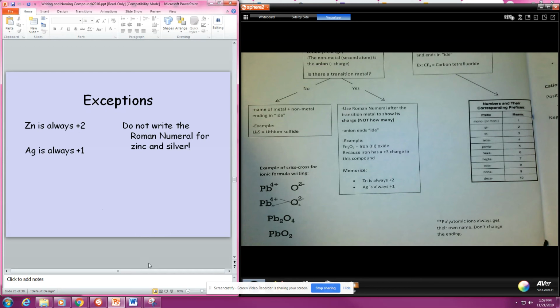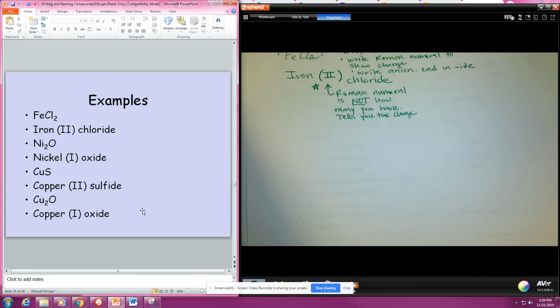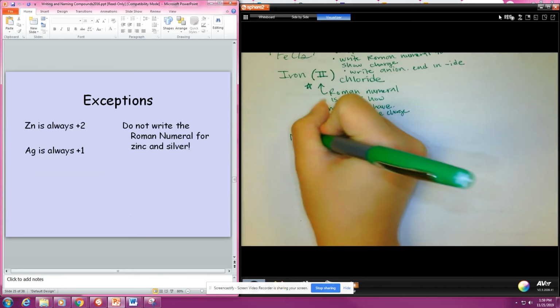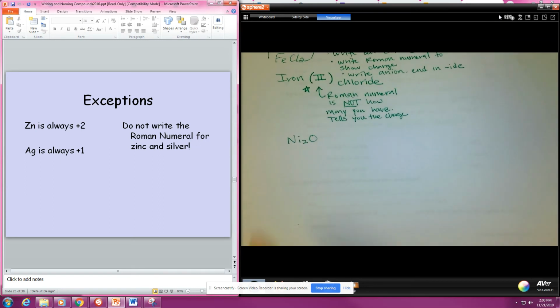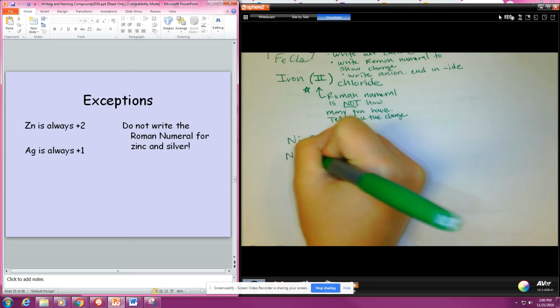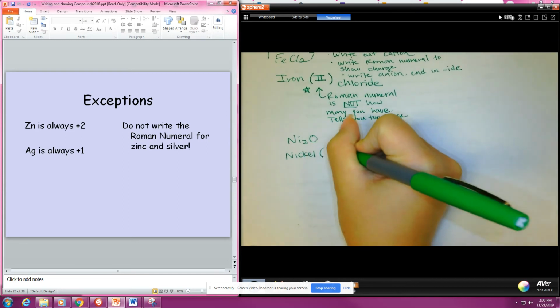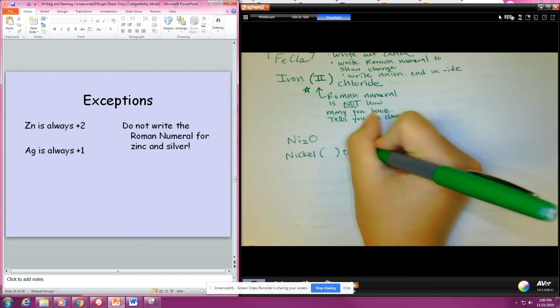Okay, so let's do some more examples on our foldable. The next one is Ni2O. We're wanting to write out the name. So Ni is nickel. We don't know the charge yet. And then O would be oxide.